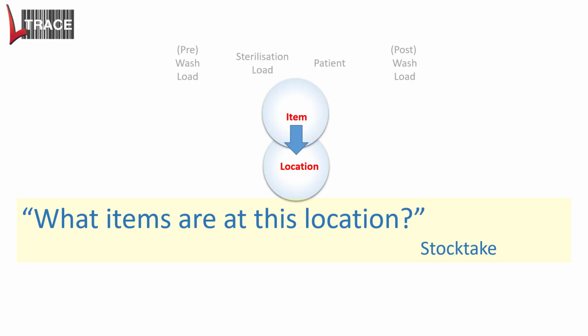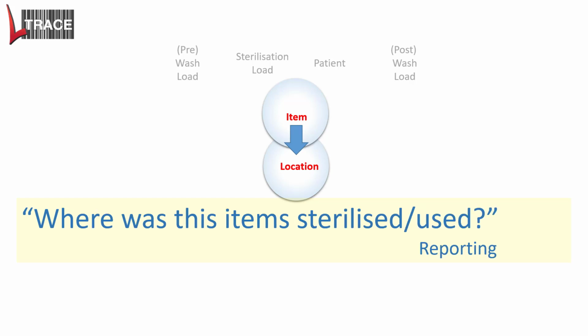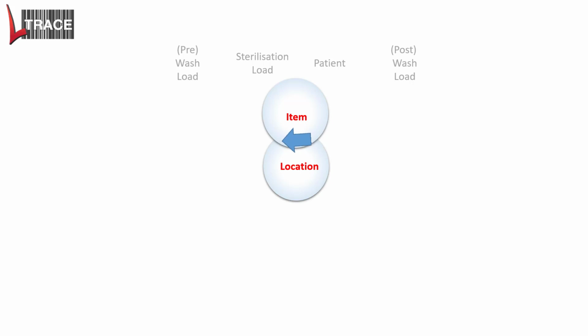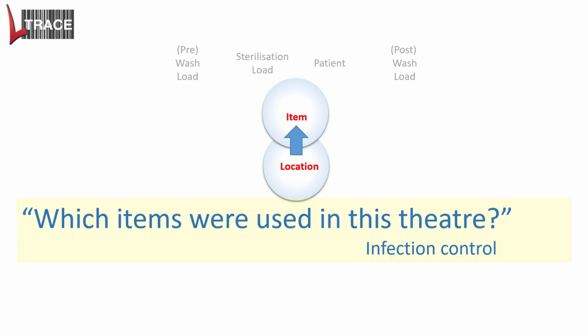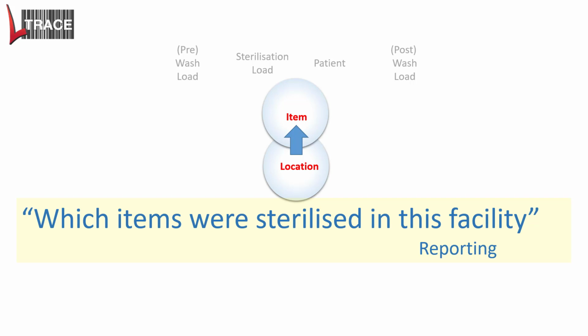What items are at this location is your classic question for stock take, so you can tell what's in an area and then confirm that. Where was this item sterilised or used are fantastic questions. And if we go around the other way, which items were used in this theatre? Infection control.